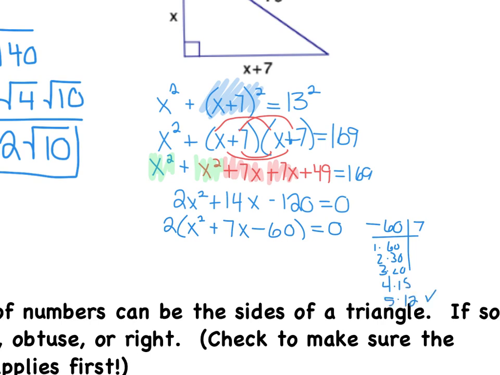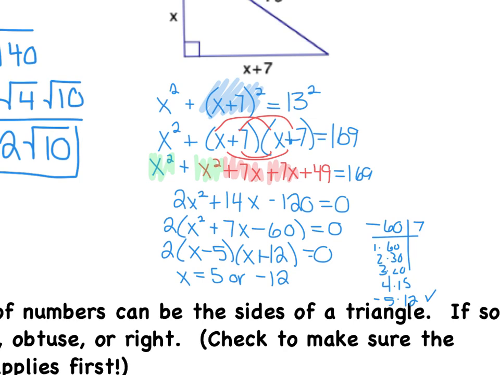There we go. Those are the ones. 5 is going to be negative because they have to add up to a positive 7. So this is going to end up being 2 times x minus 5 times x plus 12 equals 0. Use the zero product property, and we're going to get x equals 5 or negative 12.